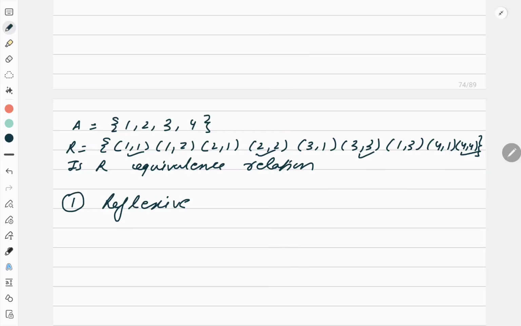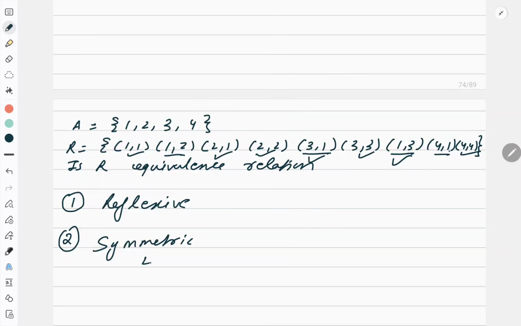Now I should do the second one, transitive. Oh sorry, symmetric. So (1,1) obviously I will not check. (1,2) is there, so (2,1) is there. (1,3) is there, so (3,1) is also there. (4,1) is there, so (1,4) should be there. Oh, (1,4) is missing.